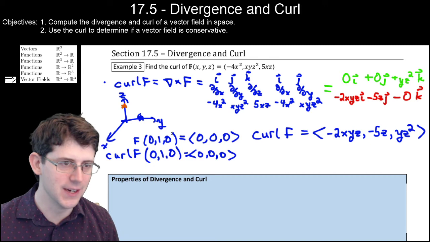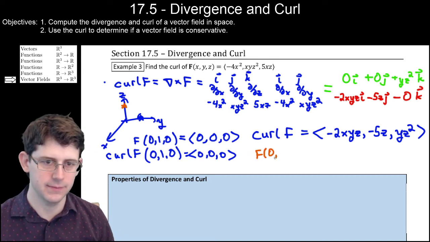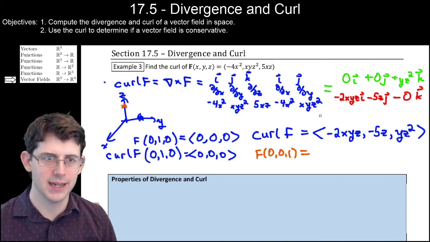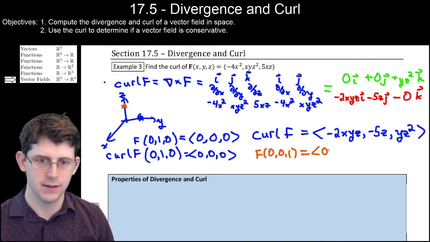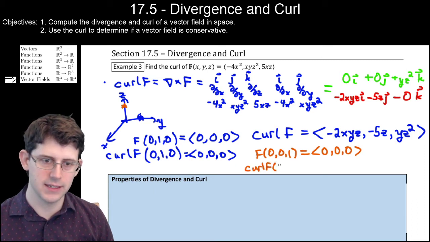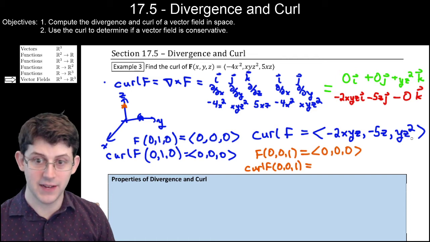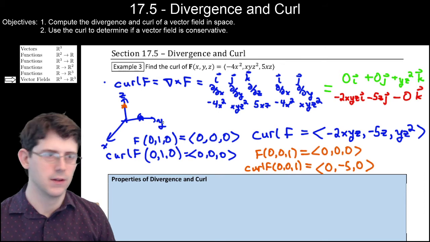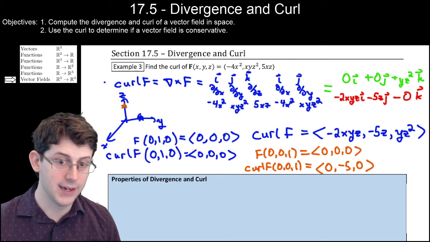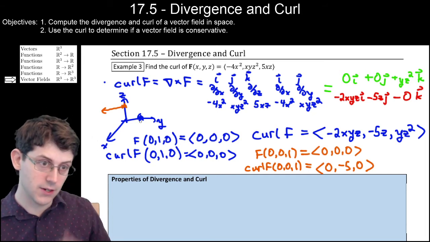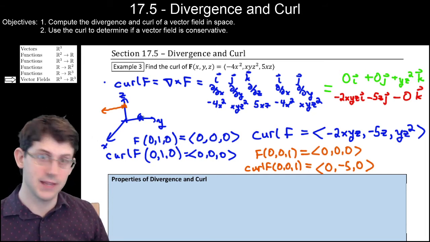Let's pick 0, 0, 1. When I plug in 0, 0, 1, I still get no wind. But curl F at 0, 0, 1 is 0, minus 5, 0. So curl F is pointing in the negative y direction, which means that at 0, 1, 0, the wind was calm and there's no spinning.